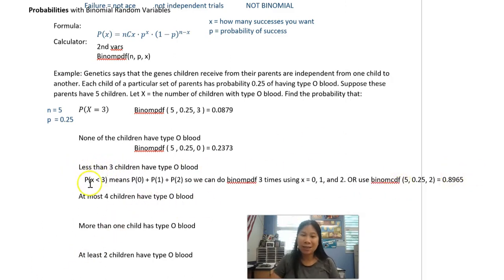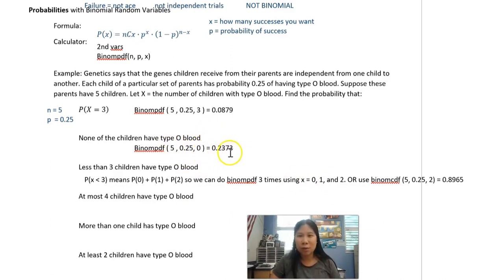Okay, so I tried to write out a little explanation here. Just to recap, we are trying to find the probability that X is less than 3, which really means we want numbers 0, 1, and 2, because those are the numbers that are less than 3. So we could do Binomial PDF like the way we did before. We just do this 3 separate times, so you'd have to type in Binomial PDF, find it for 0, then do it again where X equals 1, and do it again where X equals 2.